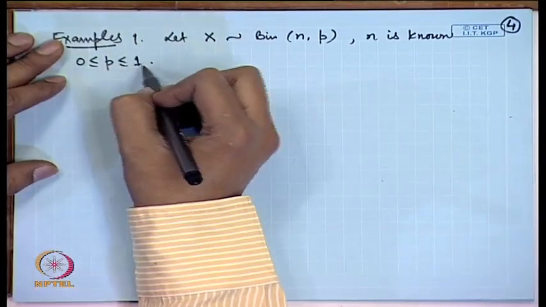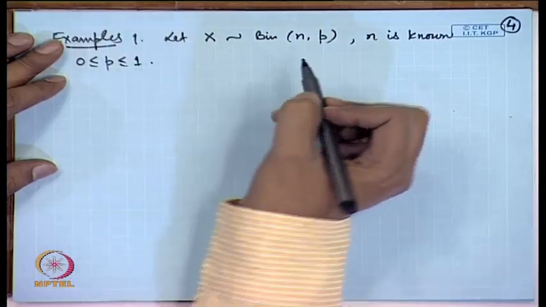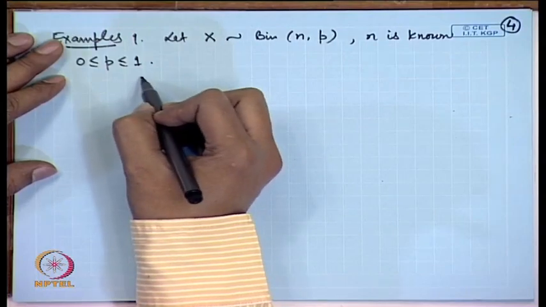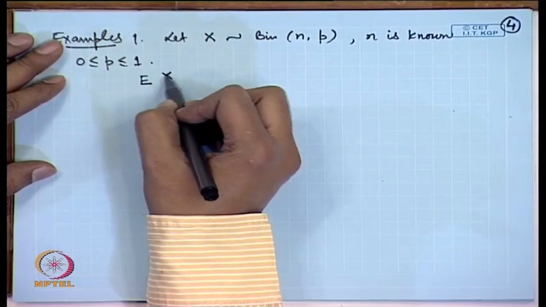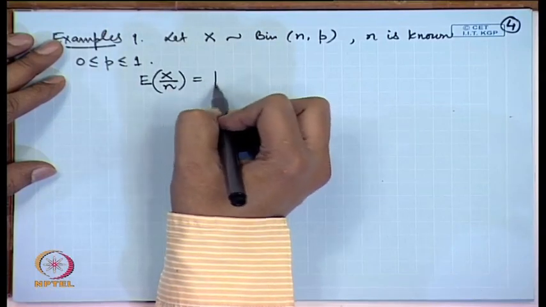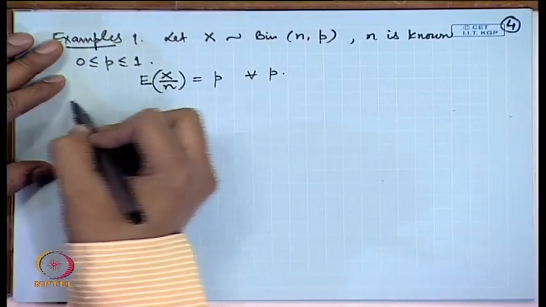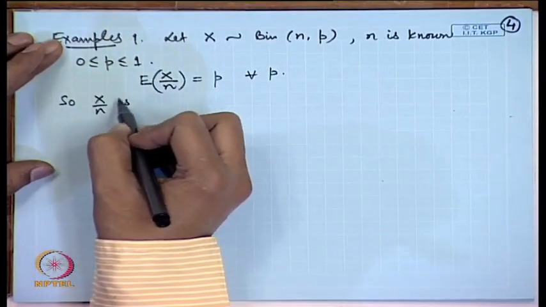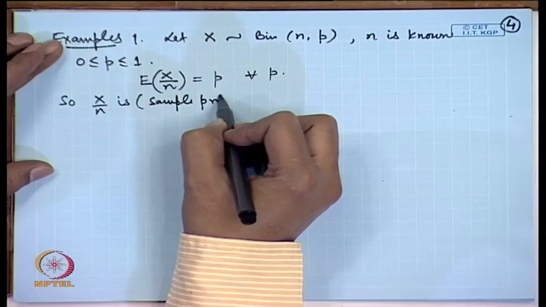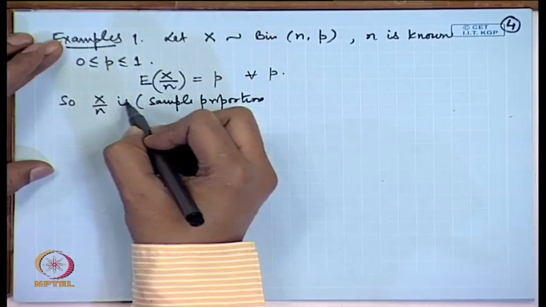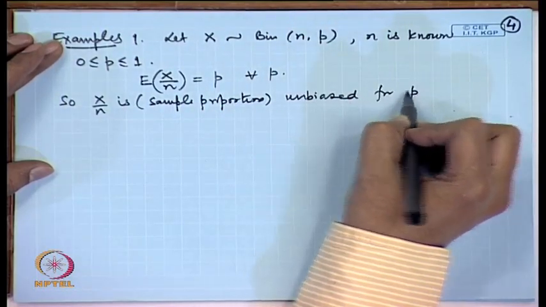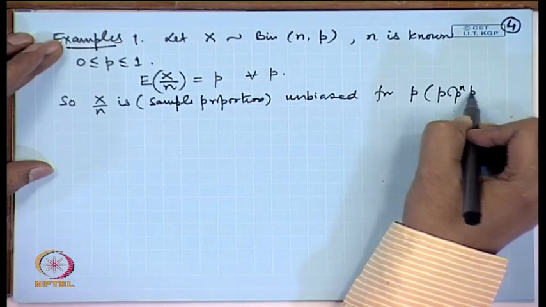The parameter space is the interval 0 to 1, and we may be interested in estimating the proportion p. So, then you may consider the properties of the binomial distribution. Expectation of X is equal to np. So, expectation of X by n is equal to p. So, here we conclude that X by n, that is the sample proportion, is unbiased for p, which is the population proportion.